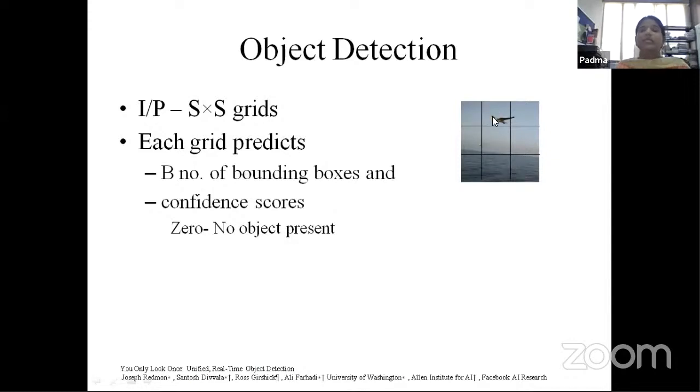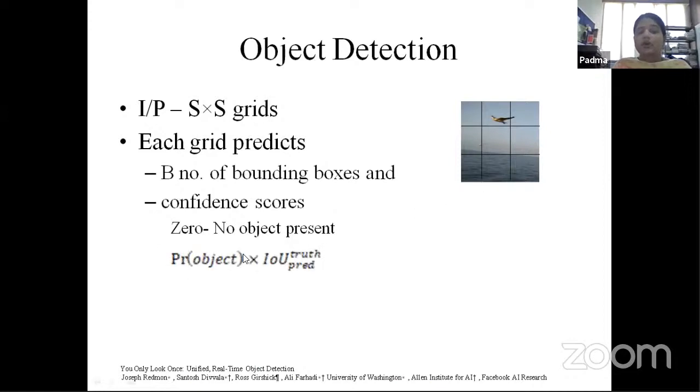That means each grid is responsible for the prediction only if the object exists in that particular grid. To be very specific, if the object center exists in that particular grid, we can say that the confidence score of that grid for the given bounding box would be high.